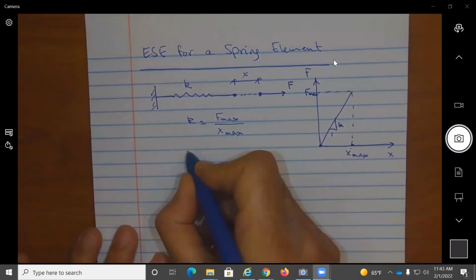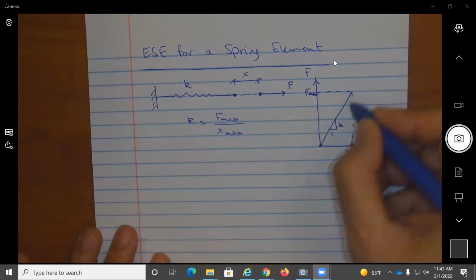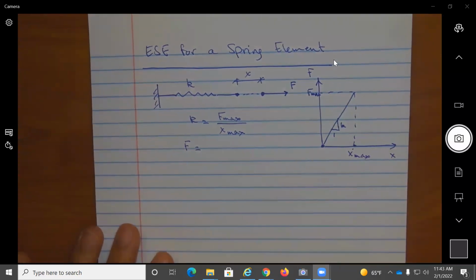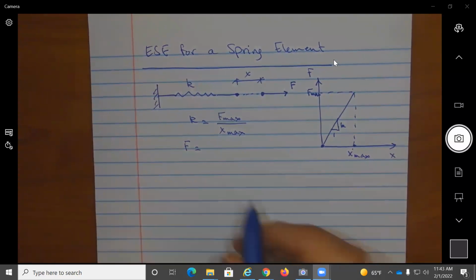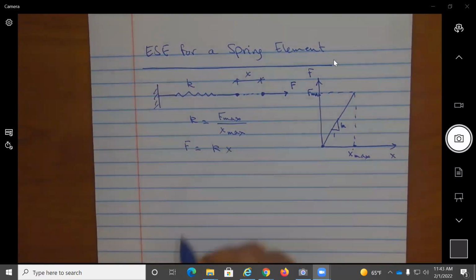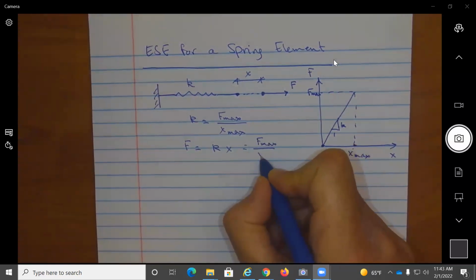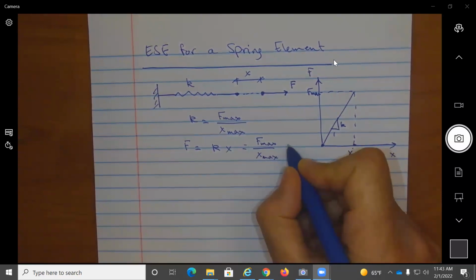Or I can write this function as F is equal to K times X, equal to F max over X max times X.